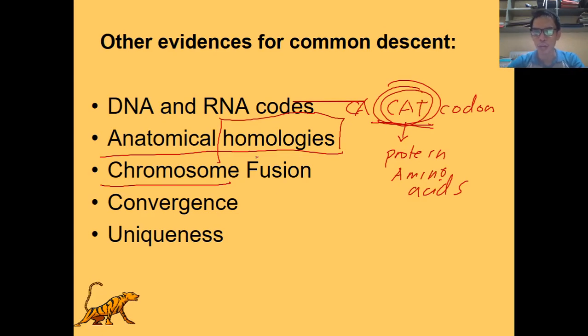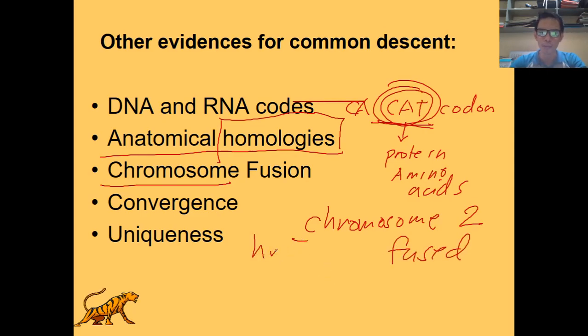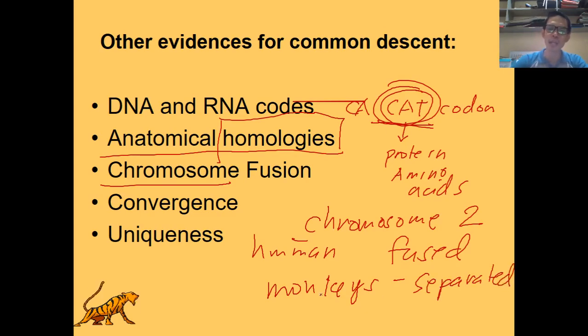For example, in humans, our chromosome 2 is fused, but in some organisms like the monkey, these chromosomes are separated. So it means that probably our ancestor had this particular chromosome which is somehow separated.